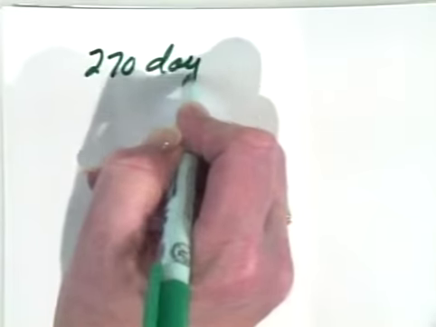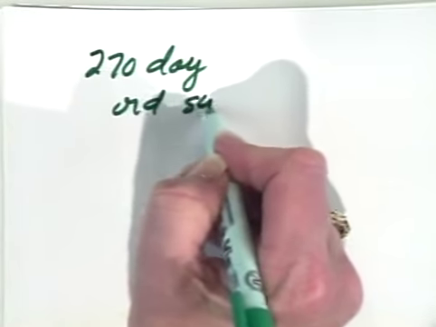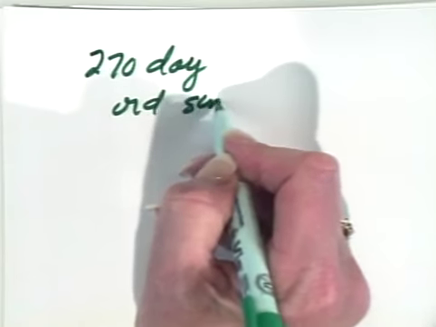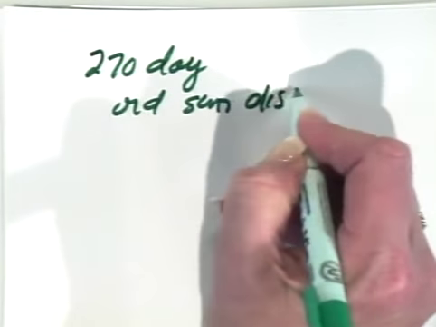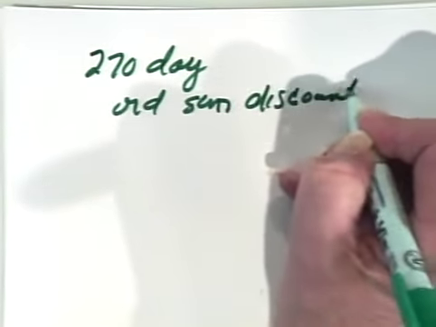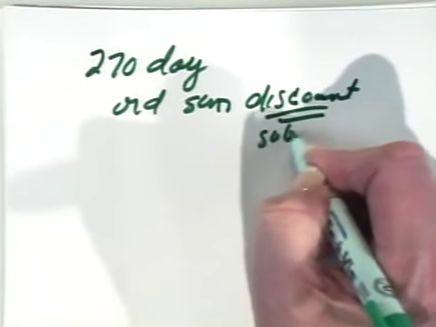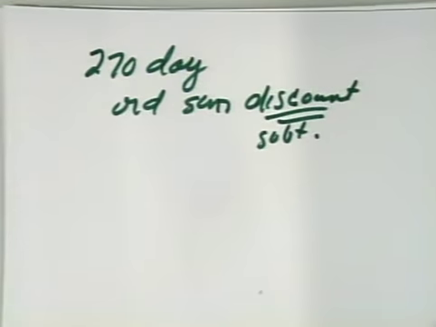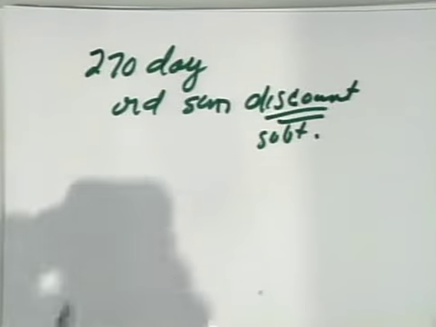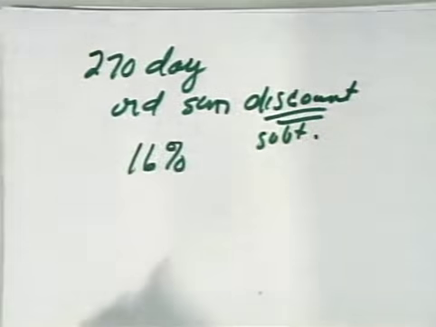We have a 270-day ordinary discount. It's called simple discount, which when I see the word discount, what do I know? Subtract interest. Yeah, subtract interest note. 16% interest. Do I need to know anything else?